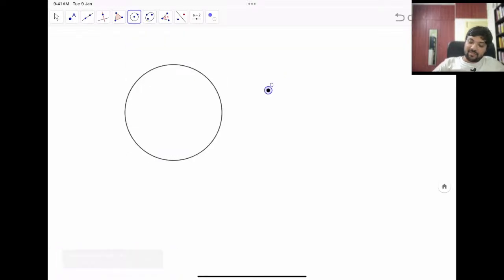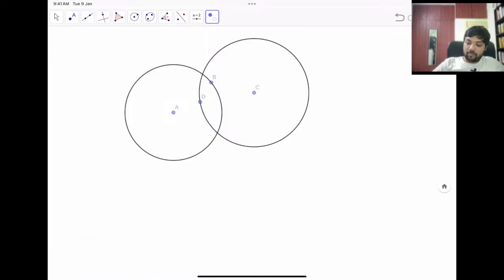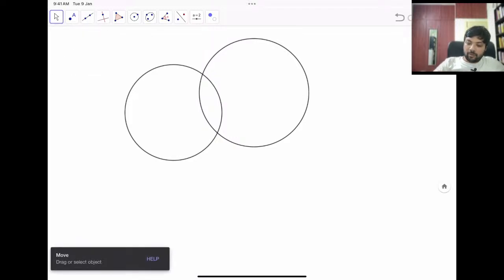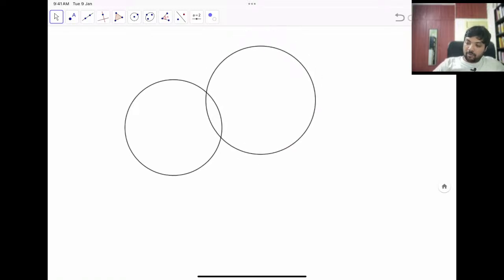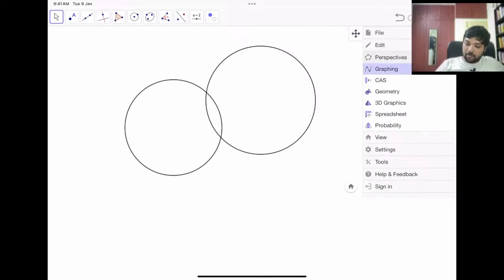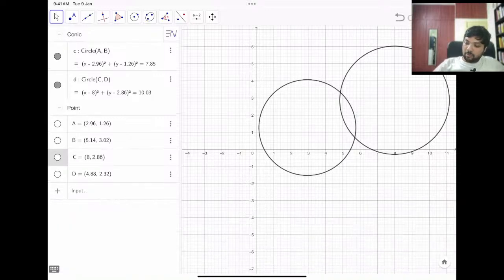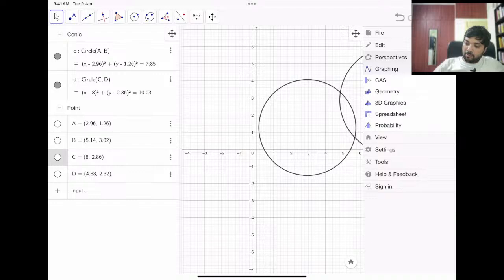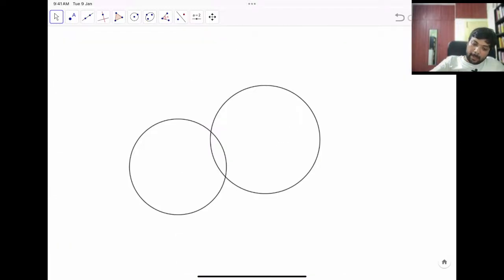Let's draw. Here's a moving point. G is my moving point.